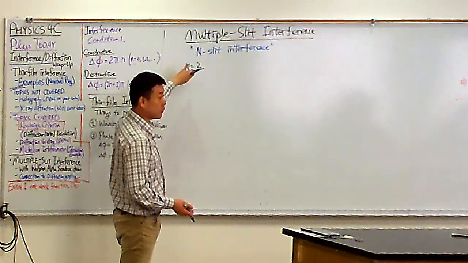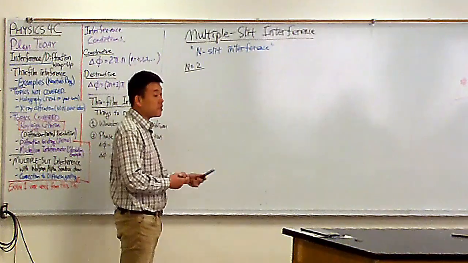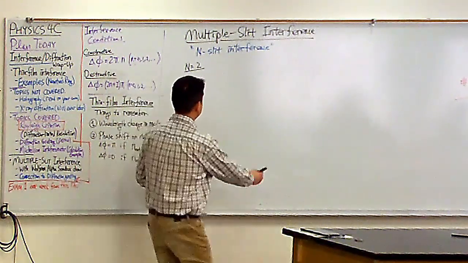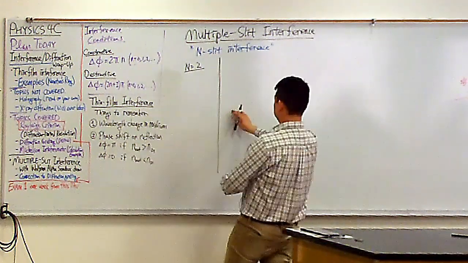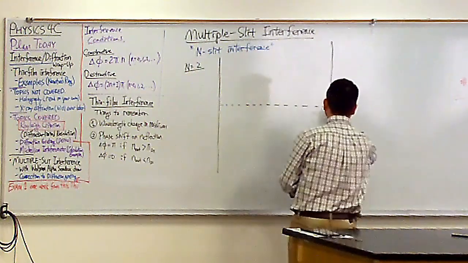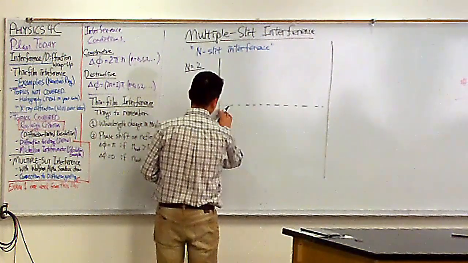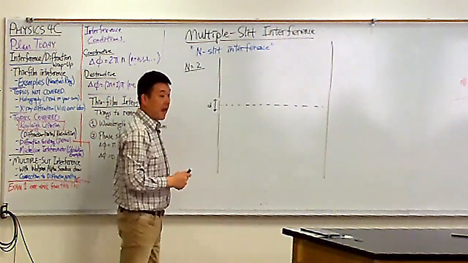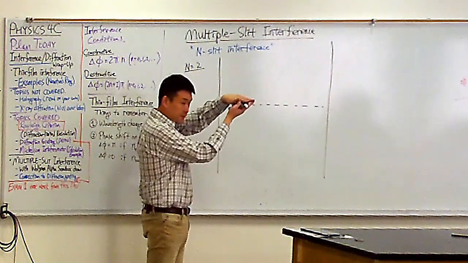Let me draw the picture for the double slit, and we will build on top of that how this picture has to change as you add more slits. I have a screen some distance away, and these two slits are separated by some distance d. And I'm going back to the original picture where these slits are infinitesimally small.